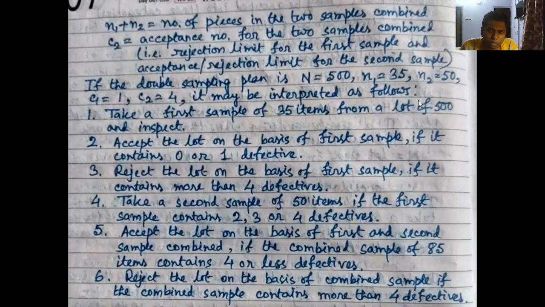That means if in case of 85 items you get more than four defectives, then you will reject the lot. But if it is less than or equal to four, then you will accept the lot. Okay, so this is the case.